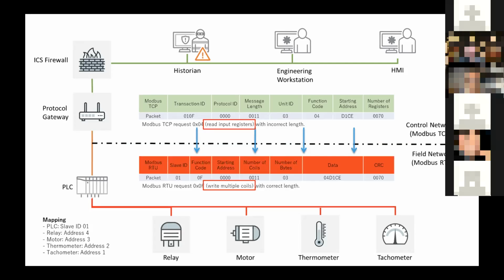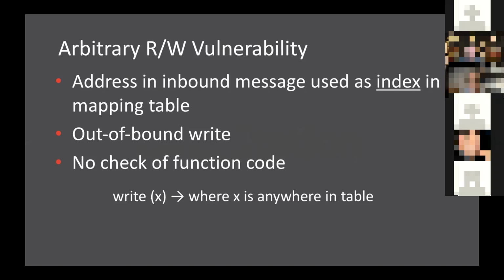So moving on to data stations. Data stations are kind of interesting because they have this IO mapping table. You set up the input and the output, and it does everything within the memory. What we found is that in the Moxa, there's an arbitrary read-write vulnerability within this IO mapping table.